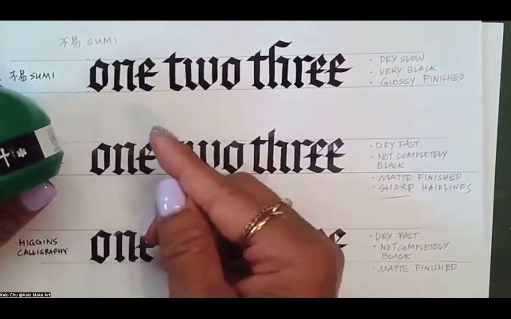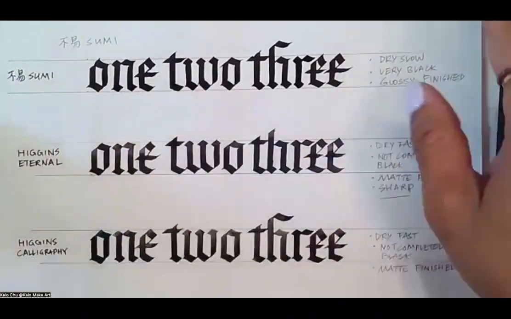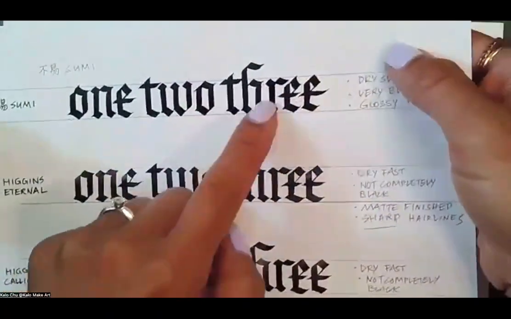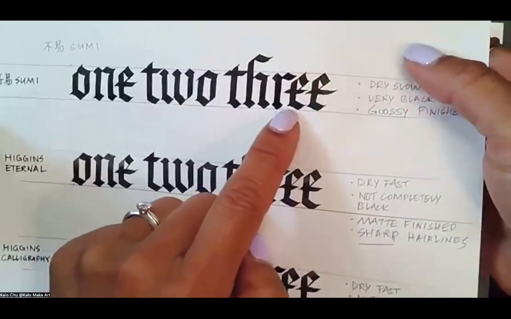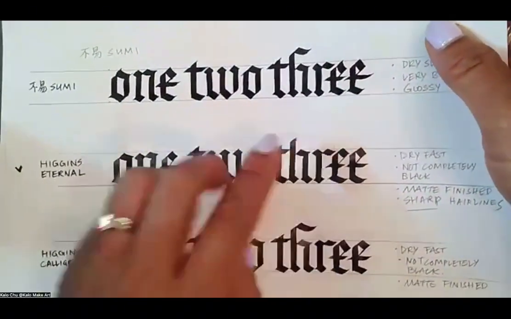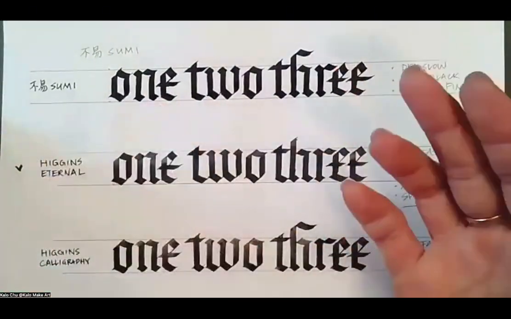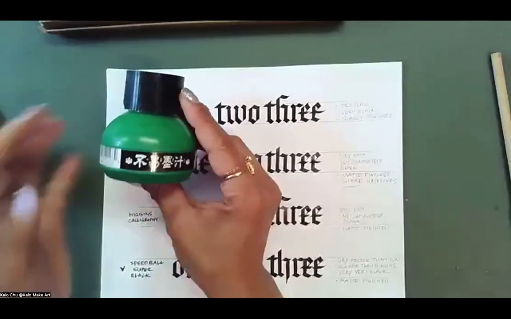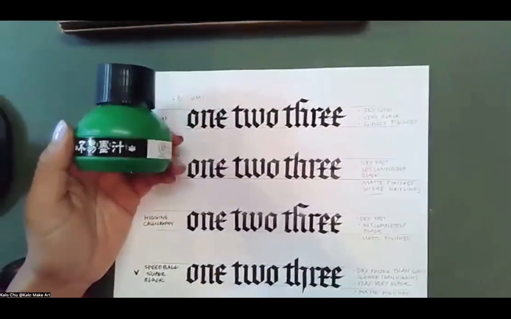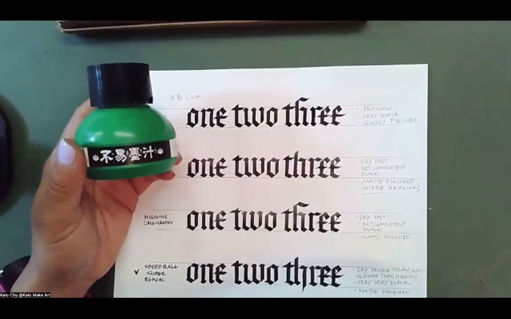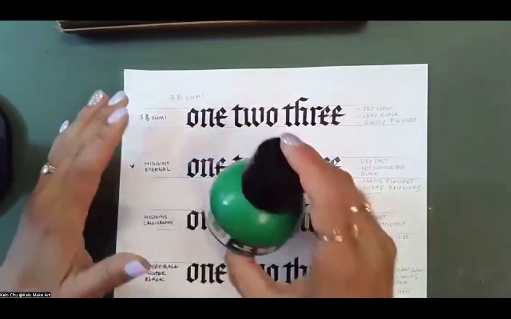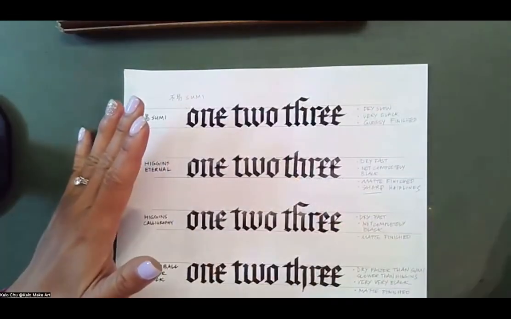And when it dries, it has a bit of a glossy finish. It's a bit shiny. I don't really like a shiny finish. I like it to be matte. I'm sure it's pretty easy to get on Paper and Ink Arts or Amazon. You can try this one or other brands of Sumi, but it's not my absolute favorite.